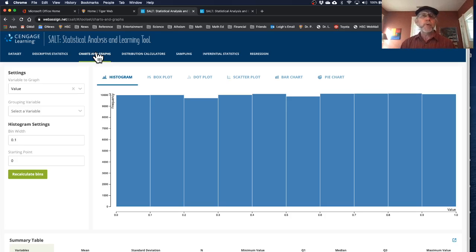These were generated by a computer using what's called a pseudo-random number generator. So this is a computer program that spits out numbers that, for statistical purposes, have all the characteristics of genuinely random numbers. A pseudo-random number generator essentially is an update of the old-fashioned table of random digits, but they can do a lot more. So as you see, all the numbers are distributed between 0 and 1 here, and the bars are all approximately of the same height. And so that's what we mean by a uniform distribution.